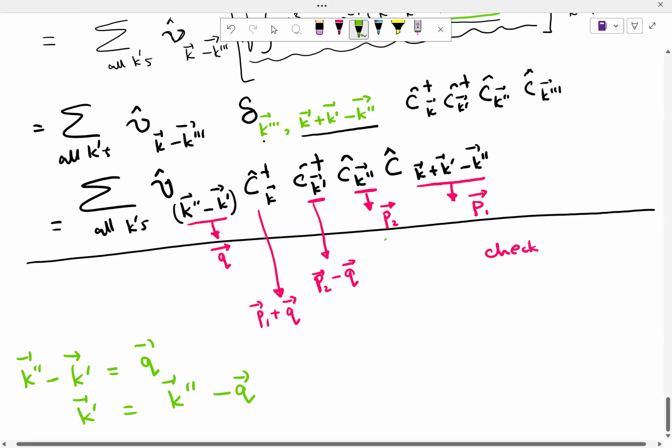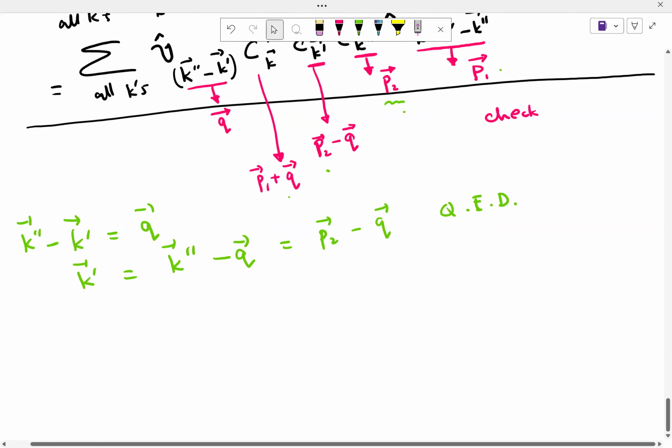K double prime is this thing, P2. So K prime is P2 minus Q. In this way, this is a consistent definition, or a relabeling, of all these combinations of momenta.